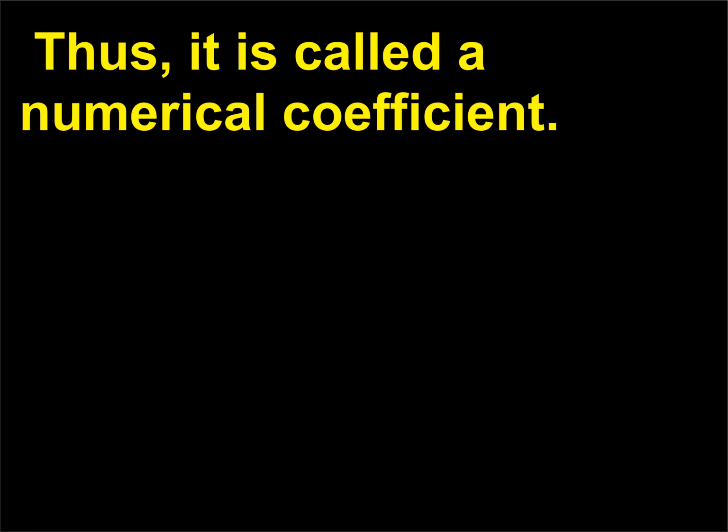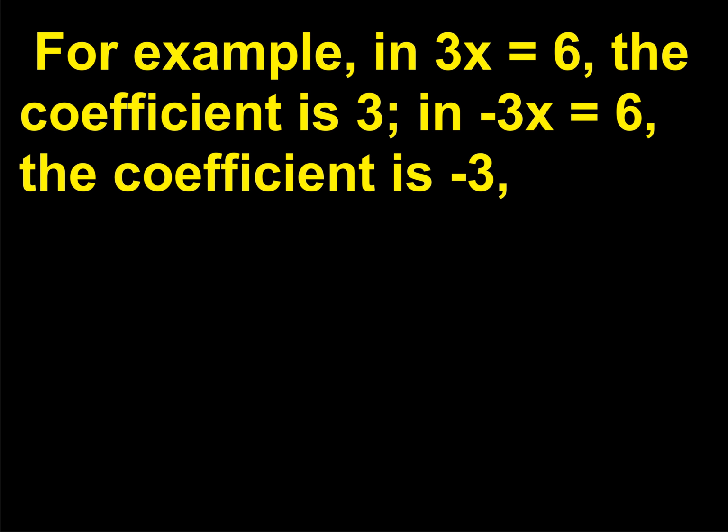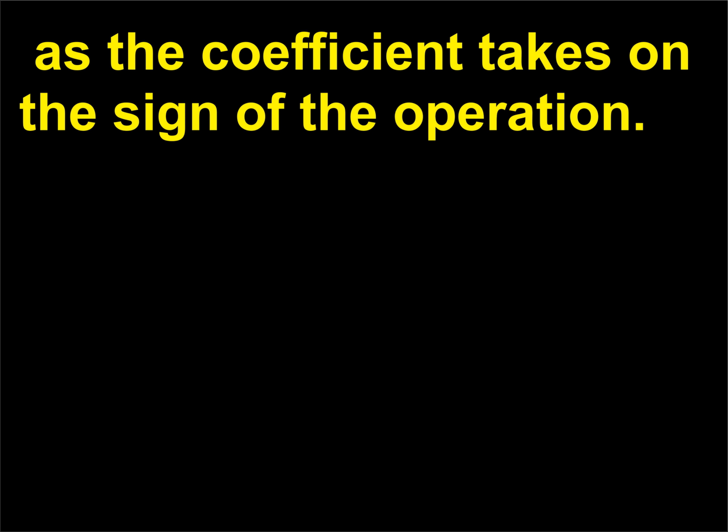Thus, it is called a numerical coefficient. For example, in 3x equals 6, the coefficient is 3; in -3x equals 6, the coefficient is minus 3, as the coefficient takes on the sign of the operation.